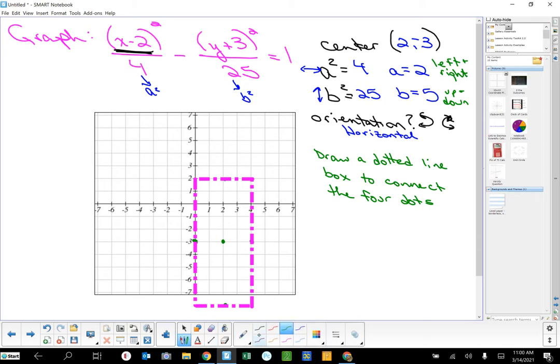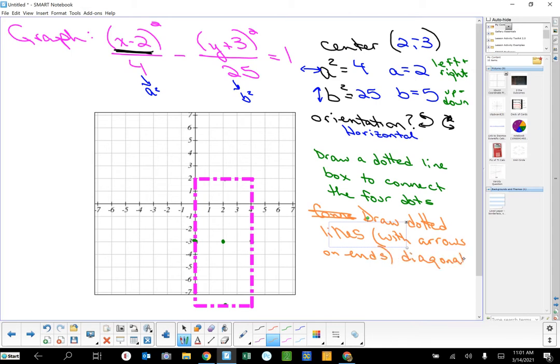Your next step is to connect. Is that the right word I want? No, it's not. Now you're going to draw dotted lines, or again, dashed lines, with arrows on each end. Diagonally through the box.